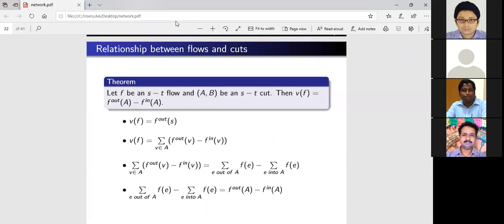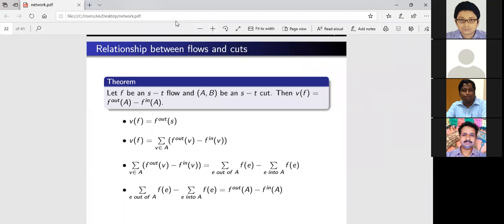Now, once you do that, you can immediately see that for any flow F and any cut AB, the value of the flow is less than or equal to total F out of A. Now, F out of A is less than or equal to the capacity of the AB cut, because in the cut we don't consider the flow coming in.